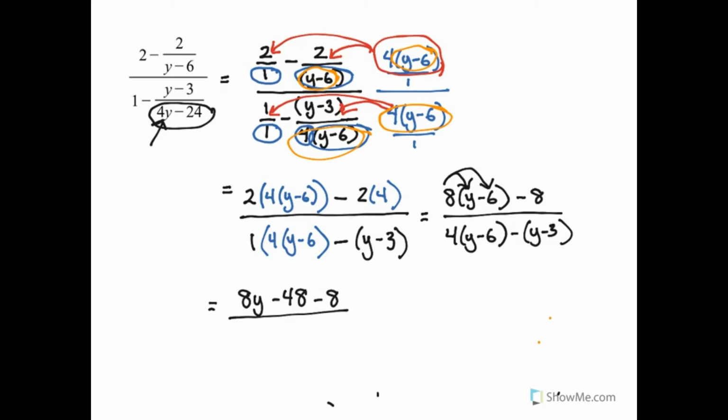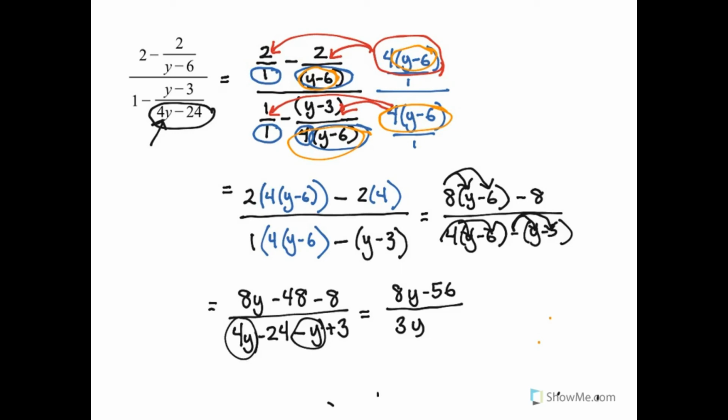And on the denominator, I have 4 times y minus 6, which was 4y minus 24, minus y minus 3 is minus y minus a minus 3 plus 3. The top is 8y minus 56, and the bottom is 3y, because 4y minus y, minus 21.